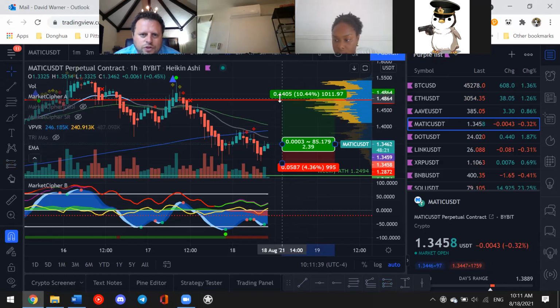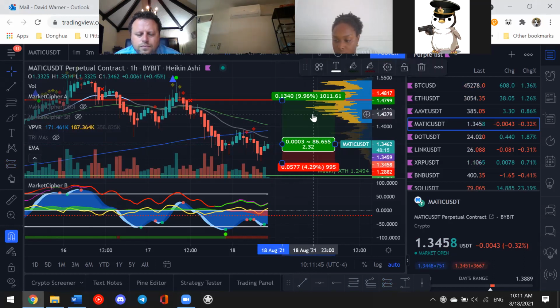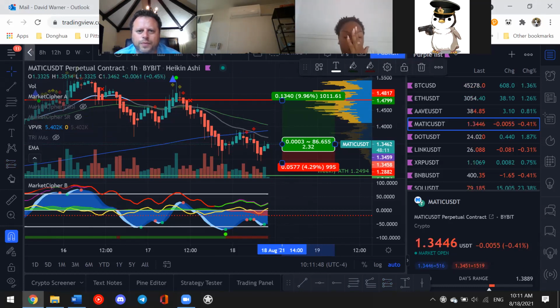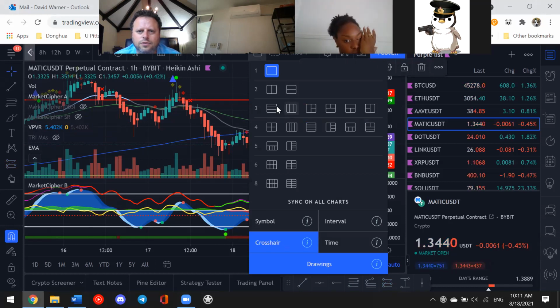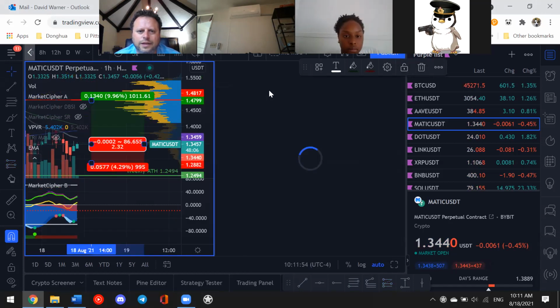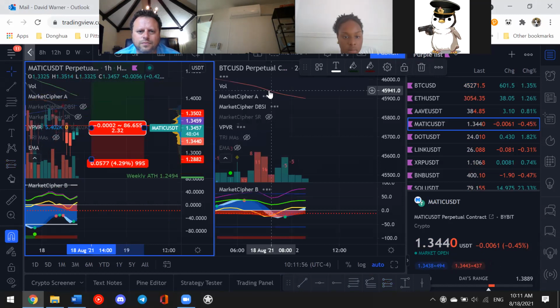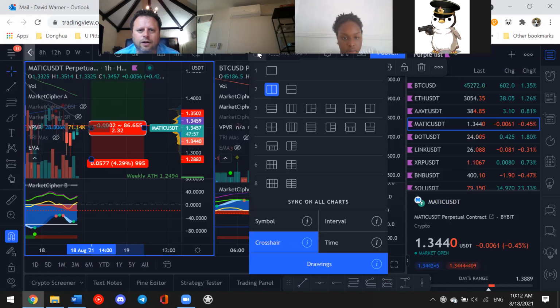To compare them instead of switching windows? You mean have it in one window? Like having two graphs? Yeah, but where's that again? Right here on top.